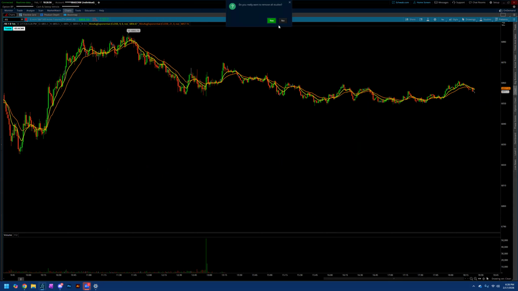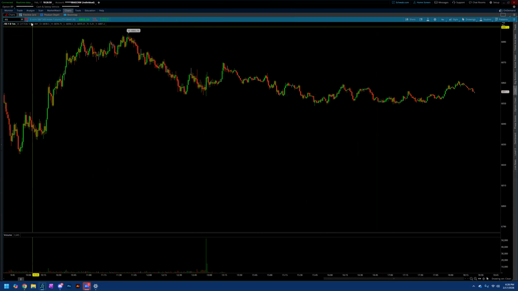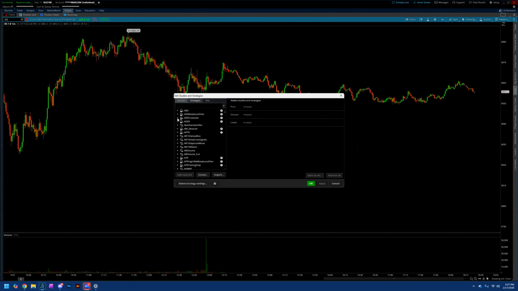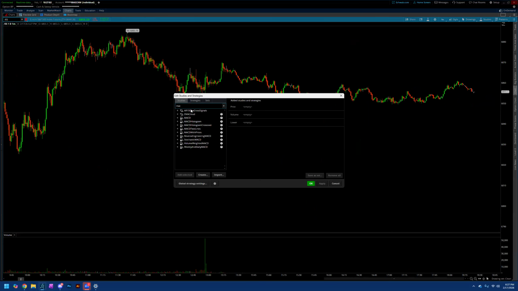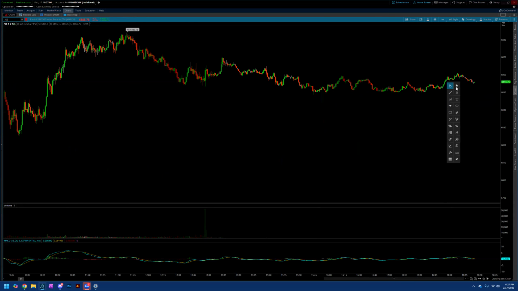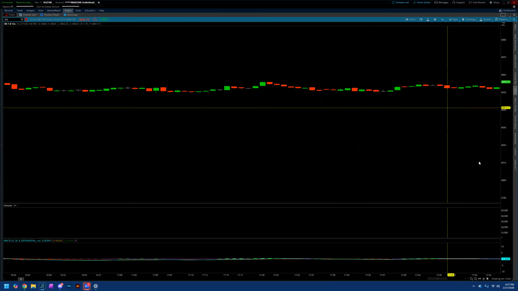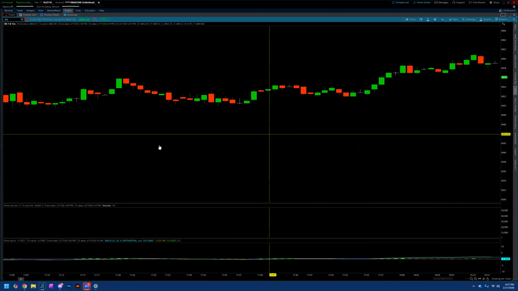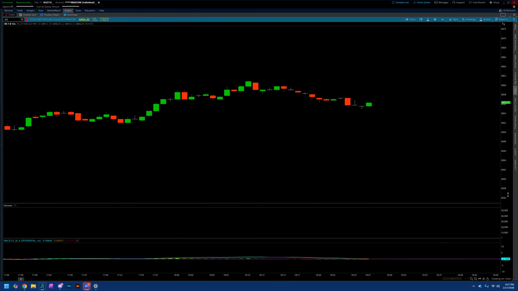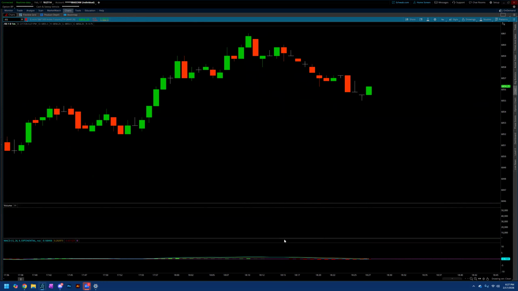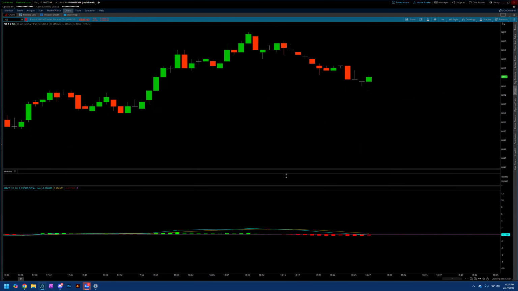Because the indicators have to calculate based off of price. And in the case of the MACD, right, it's using a 12 period and a 26 period moving average, and an exponential moving average at that as well. So it's really going to be kind of out of sync with what's going on right now in the present moment. And we can even try and check up on that too. Let's take a peek at that.